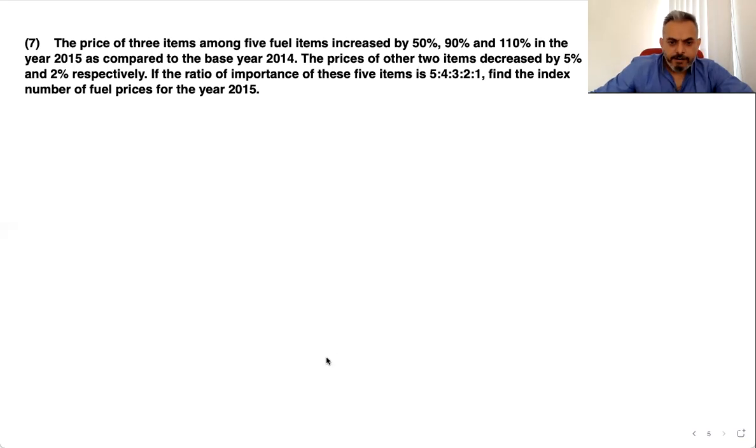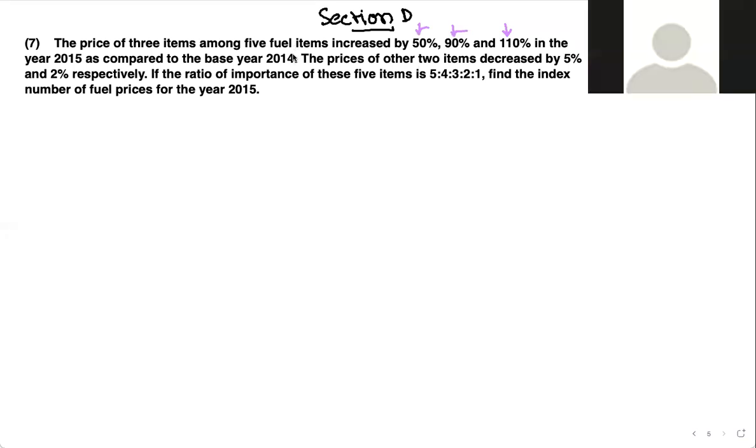Section D, question number 7. The price of 3 items among 5 fuel items increased by 50%, 90%, 110% in the year 2015. We have done this in class.